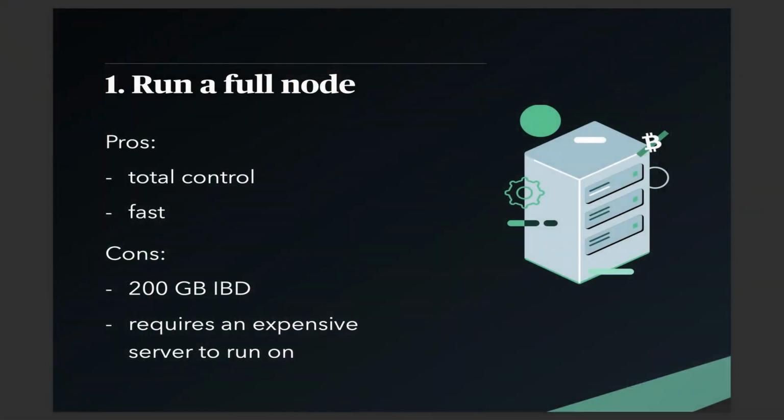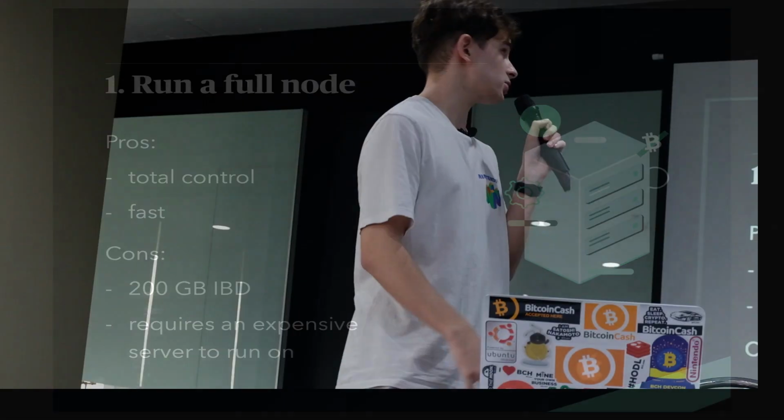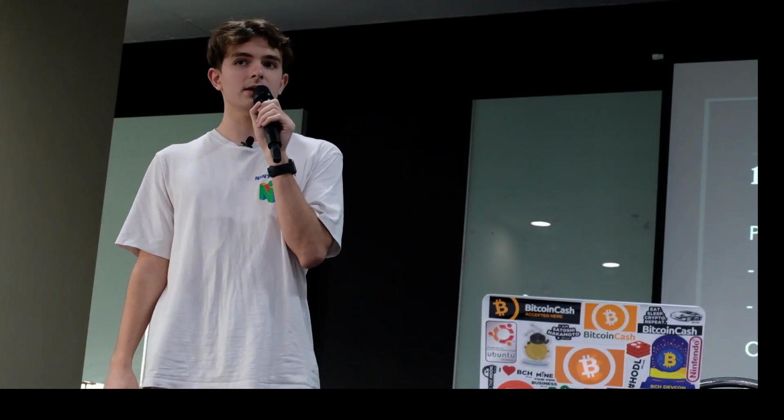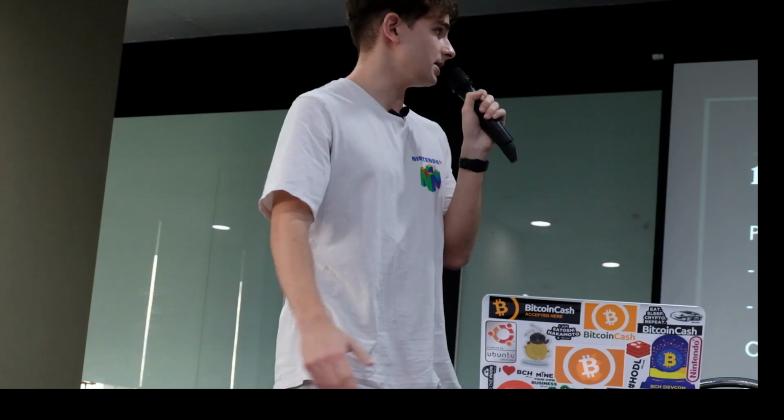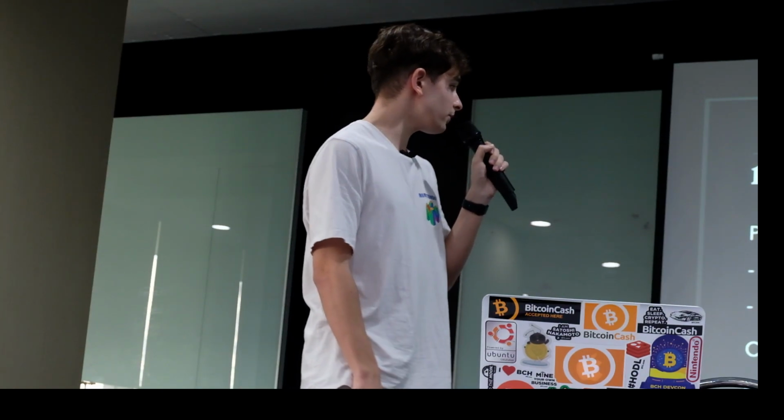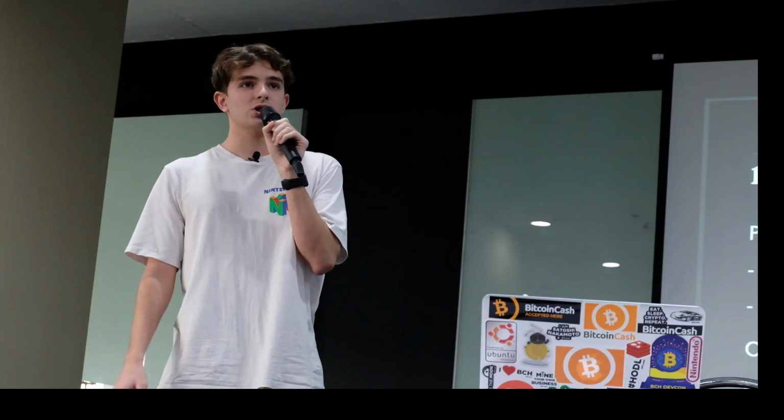So running a full node, you have total control over what you do and over the transactions. So you can do pretty much anything. It's very fast because you have the blockchain on your local computer, so you can interact with it very easily, very fast. The problem is that the Bitcoin blockchain is about 200 gigabytes.